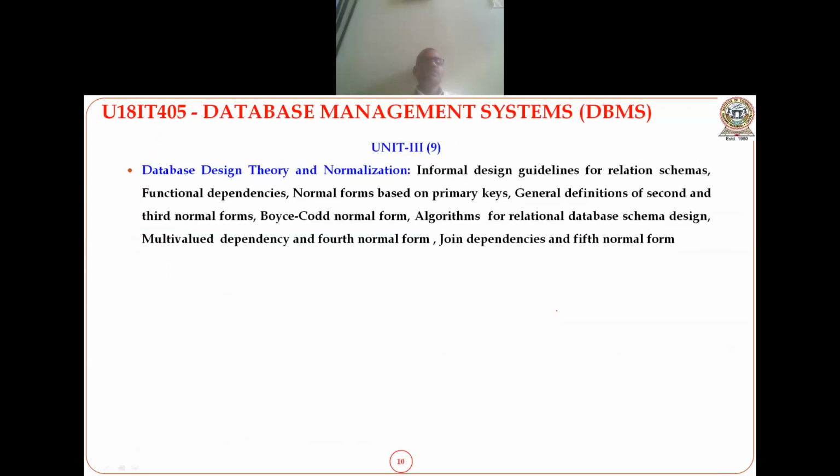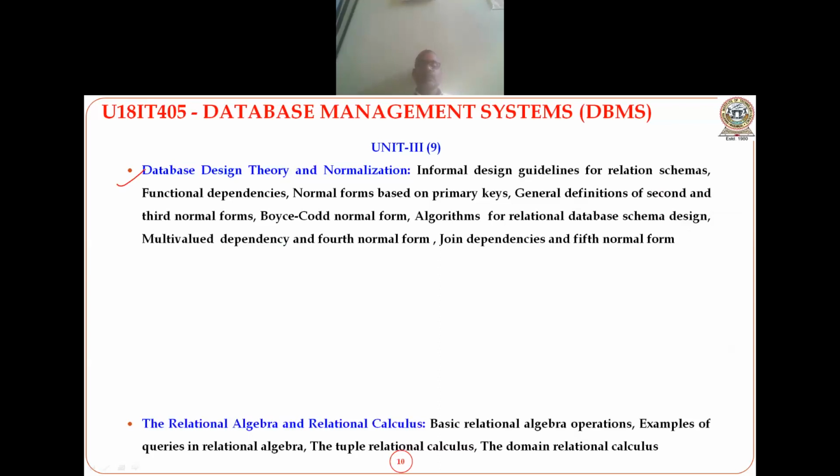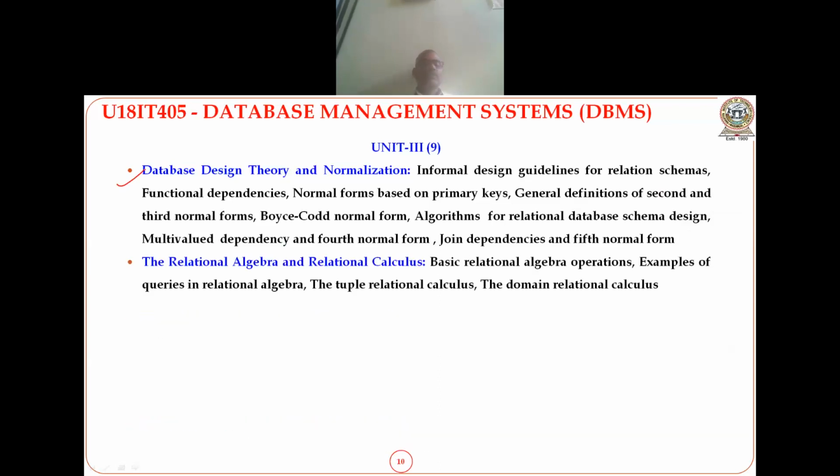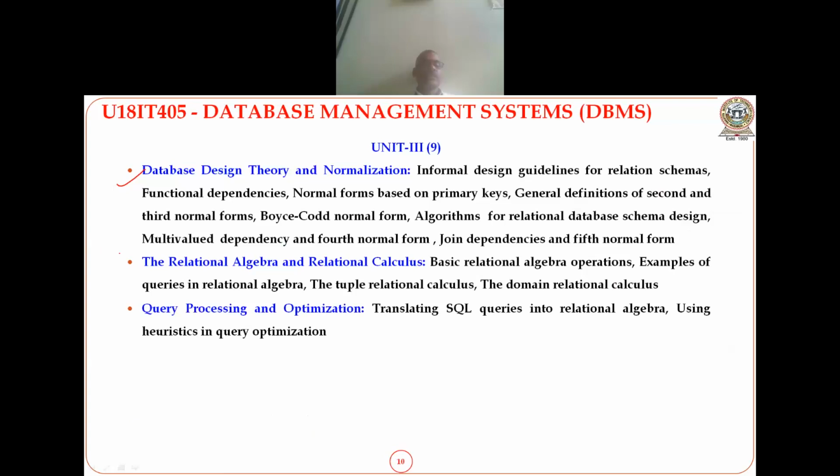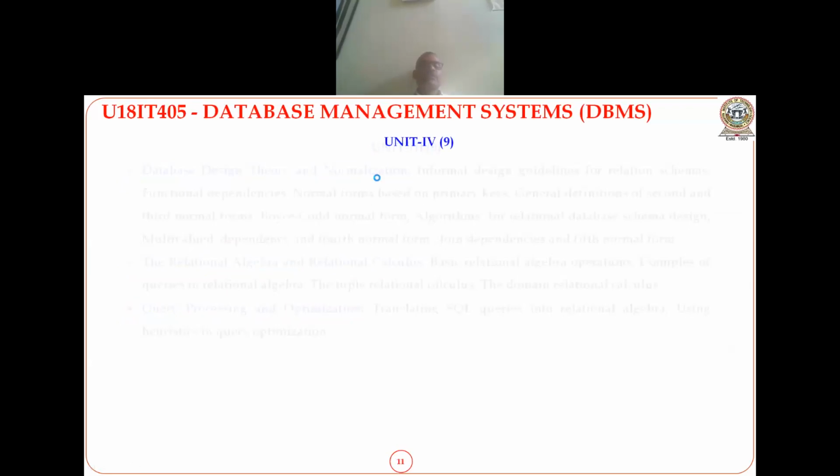In unit 3, we are going to discuss database design theory and the normalization concept, the different types of normalization, relational algebra and relational calculus, and query processing and optimization. These are the three important topics in the third unit.